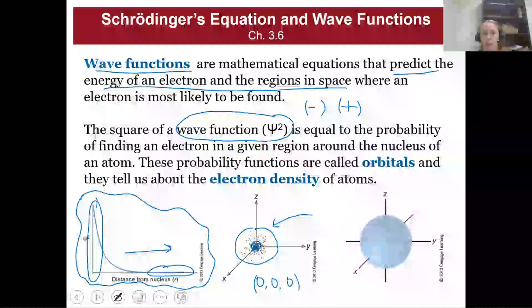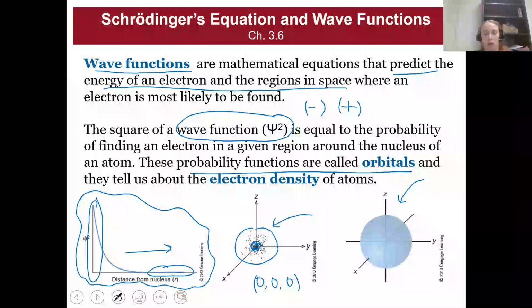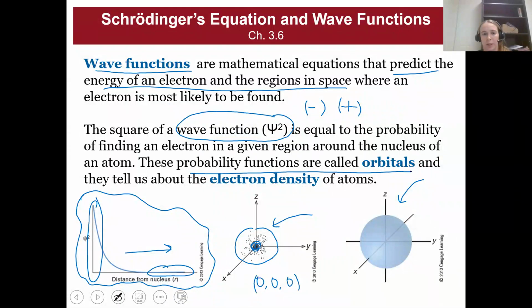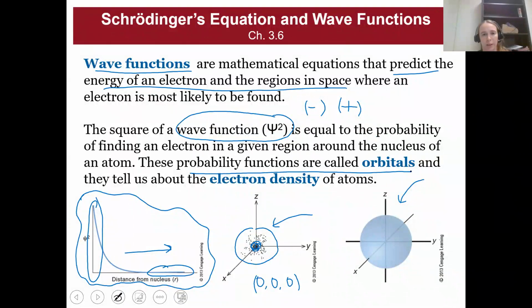And the way that we show that is like this. We draw these things called orbitals, probability functions, and they tell us about the electron density of the atom. The electron density is how likely you are to find the electron in a certain place.